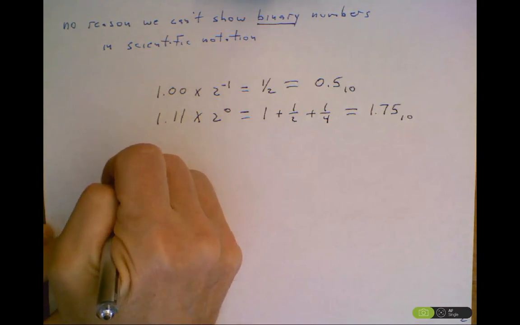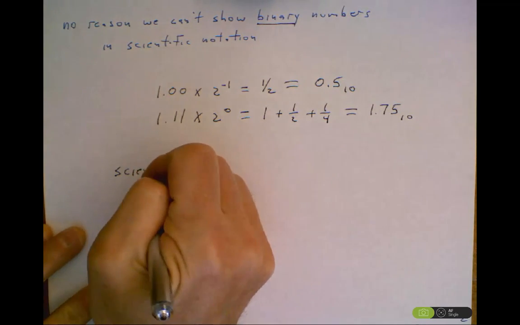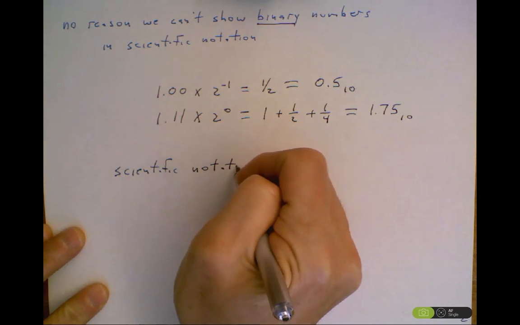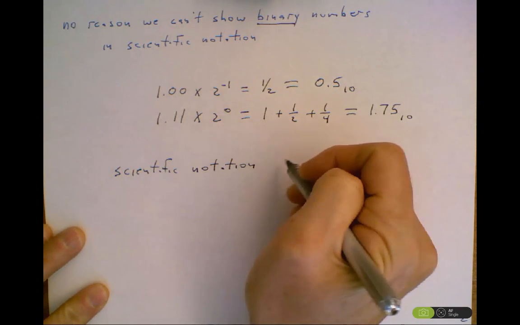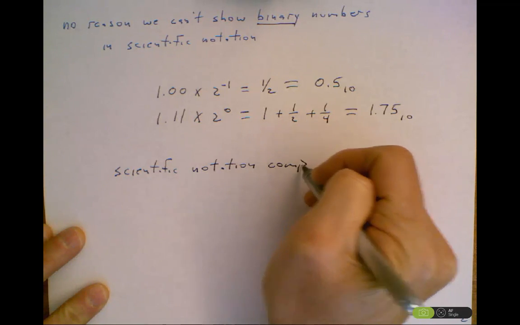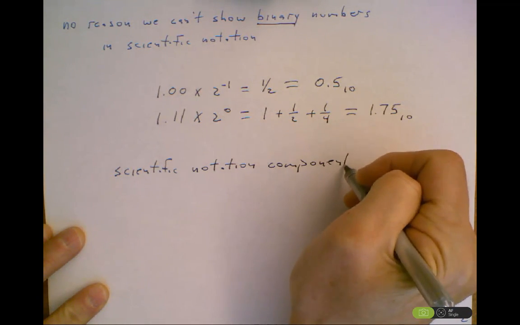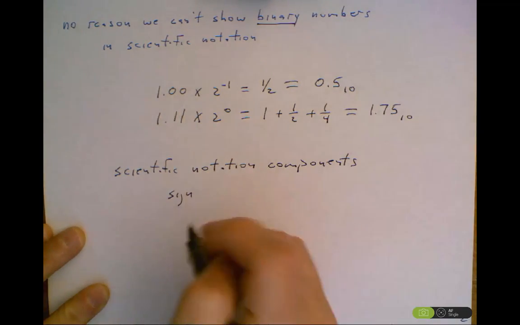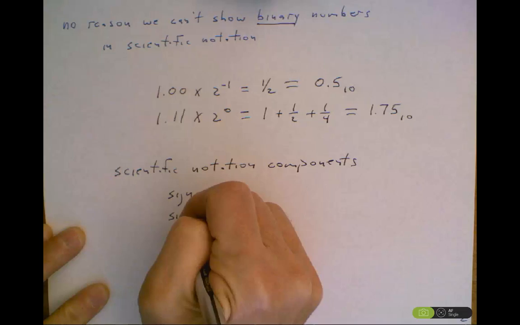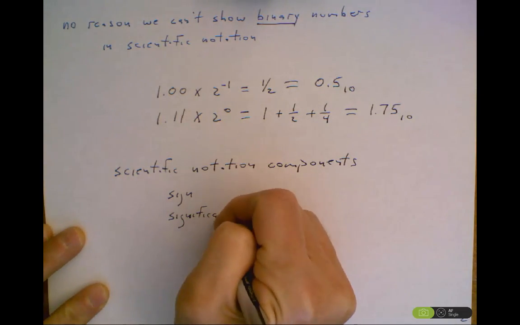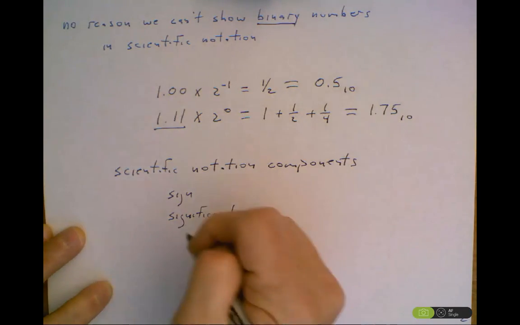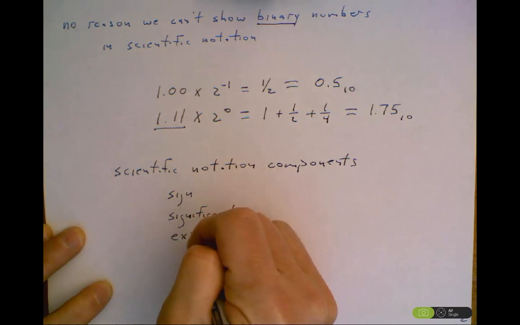Okay. So again, let me just write it down here just to emphasize it. But scientific notation, there's three components. There's the sign, there's a significand, in other words, this part, and there's an exponent.